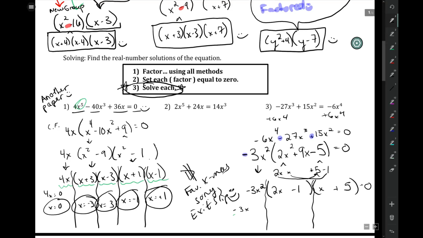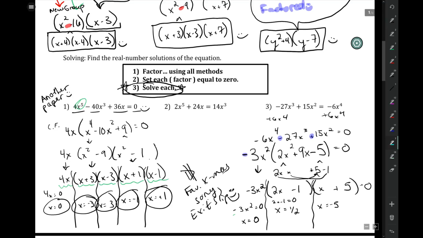Negative 3x squared equals 0, that means x equals 0. 2x minus 1 equals 0, so if we add 1, x equals positive 1/2, and x minus 5 equals 0, x equals negative 5.